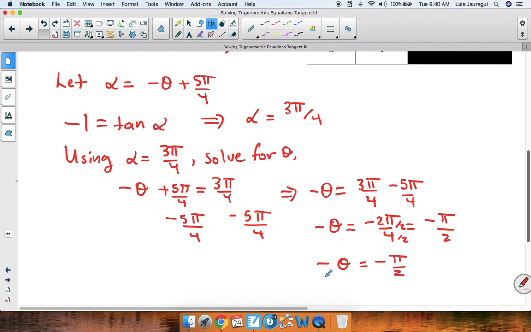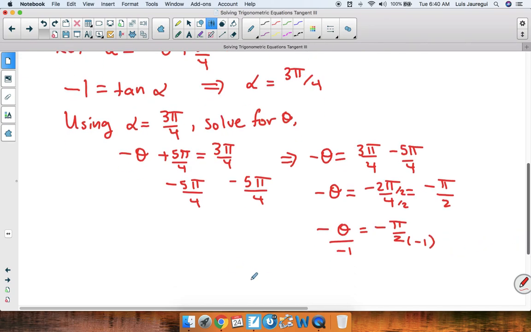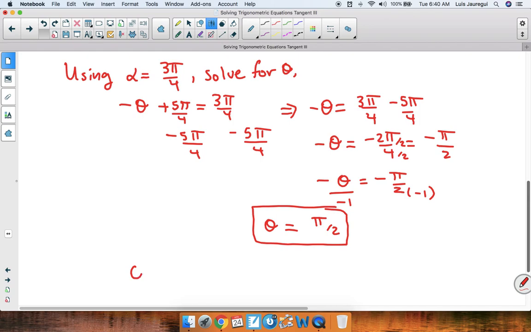Now, by multiplying by negative 1 on both sides of the equation, we get that theta is equal to pi over 2. Now, this is an angle between 0 and 2 pi, so that satisfies the condition. That's one of our solutions. To generate the next angle, the next theta is going to be equal to pi over 2 plus the period.